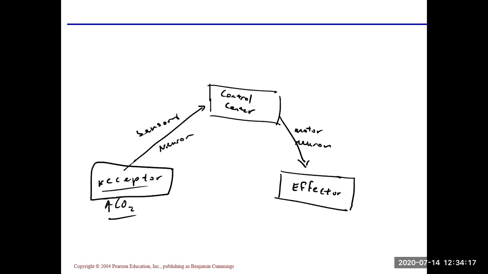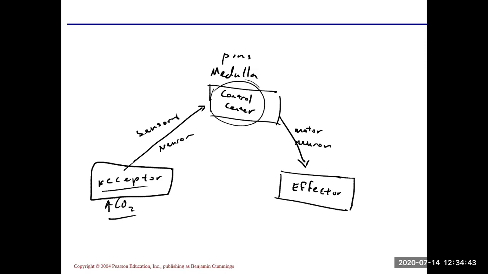Okay, they're sending it via the sensory neuron to the control center. Where is the control center? The two control centers for breathing happen to be the pons and the medulla oblongata. In this case, it's in the brain. The majority of the control centers are there.